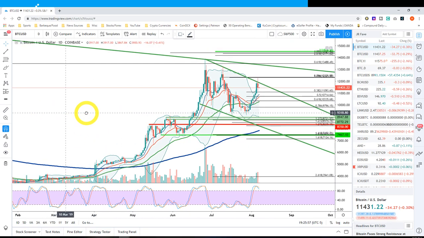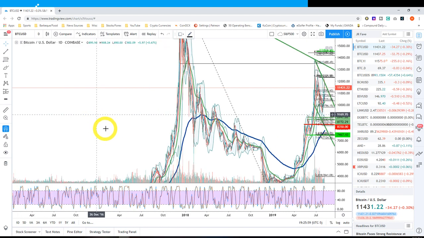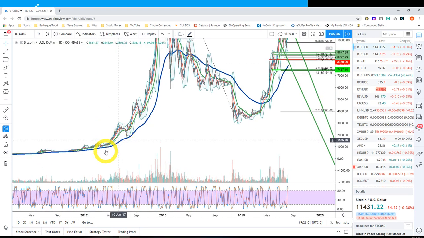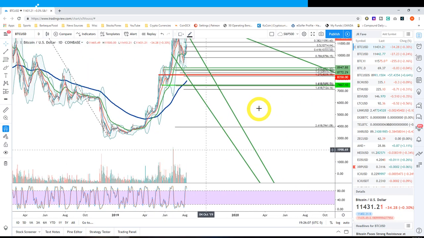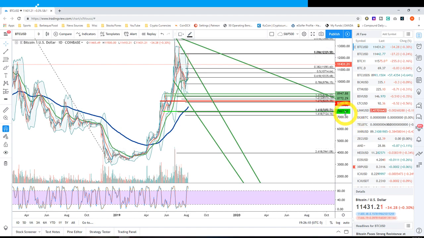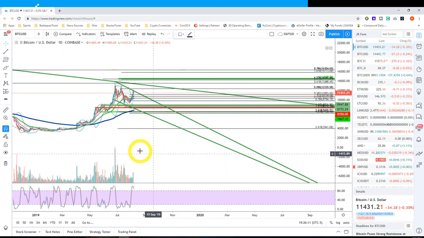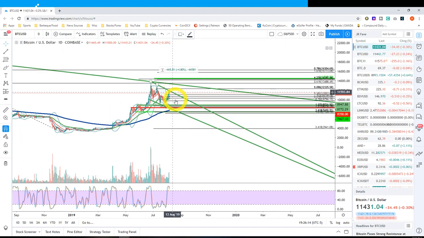But we saw back over in here when Bitcoin came back and tested the 200-day moving average after these big moves. Would it not be absolutely spot on if Bitcoin came down into this area, and let's just call it September, right?